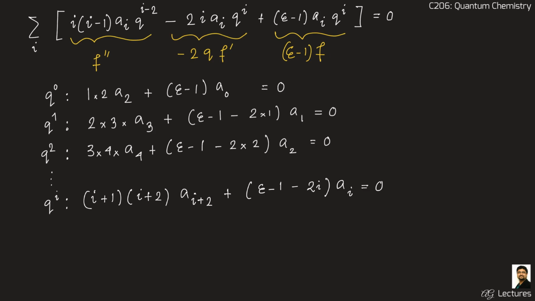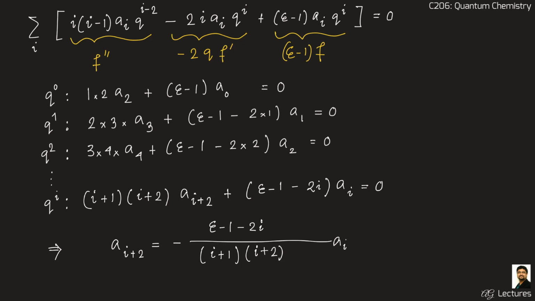This is the general term, and this leads directly to the recurrence relation. The recurrence relation in this particular case is a i plus 2 equals minus of epsilon minus 1 minus 2i, over i plus 1 times i plus 2, times a i. So this is called the recurrence relation.